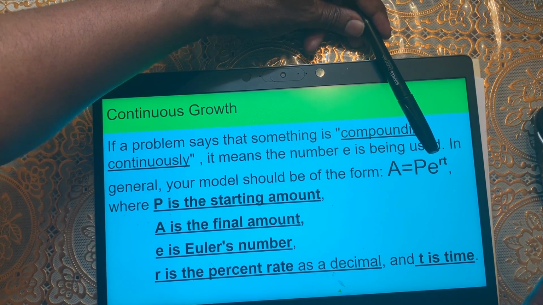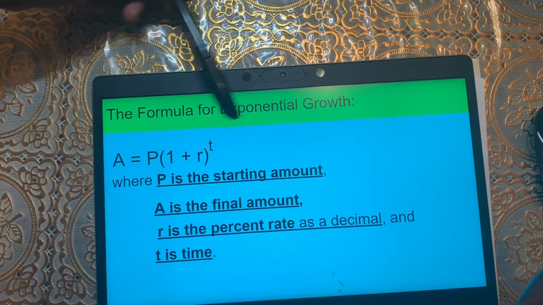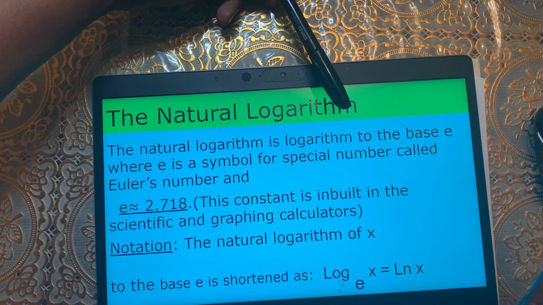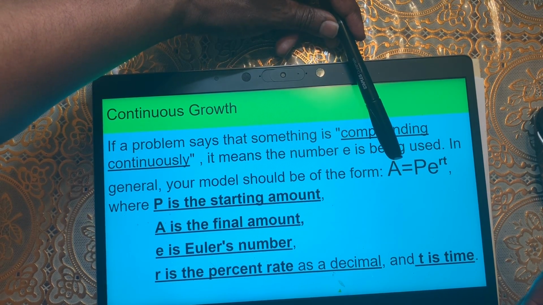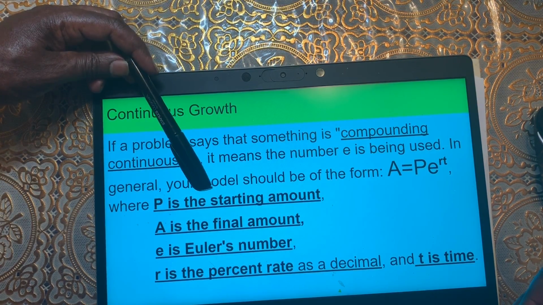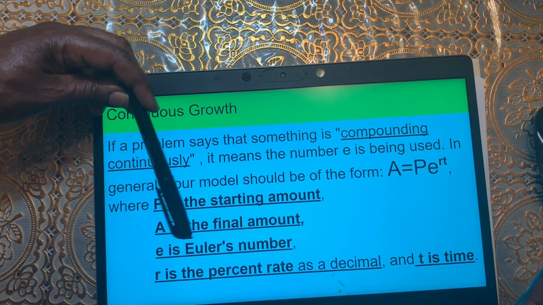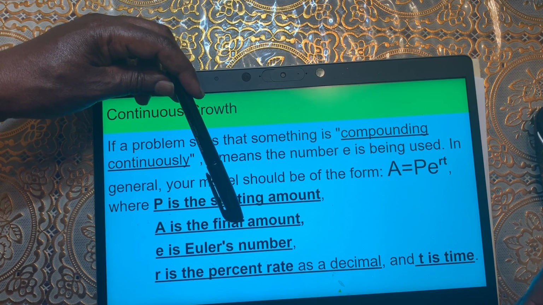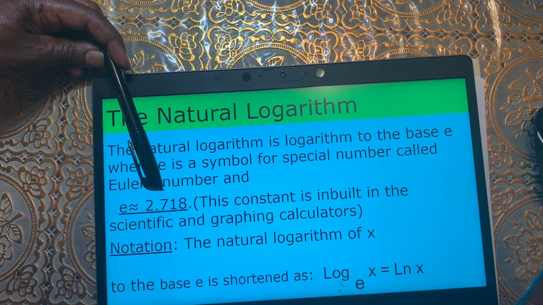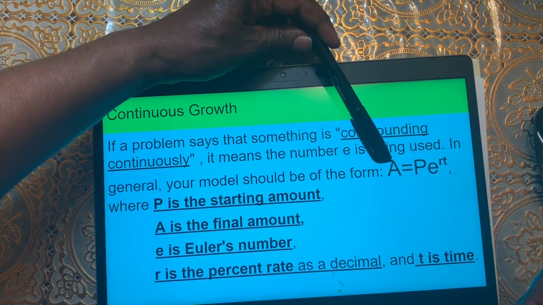So no more the previous growth formula; when something grows continuously, we use this formula, A equals P e to the power of rt. P is the starting amount, the same as in the previous formula, A is the final, and e is Euler's number, 2.718, which I mentioned earlier.